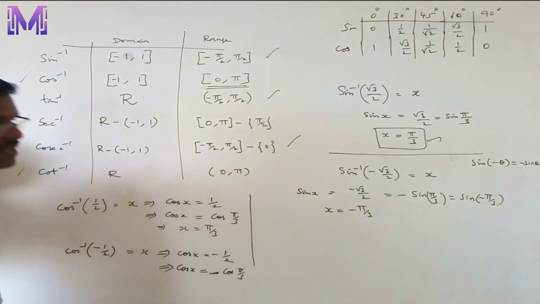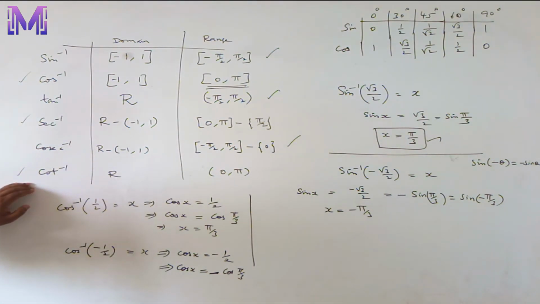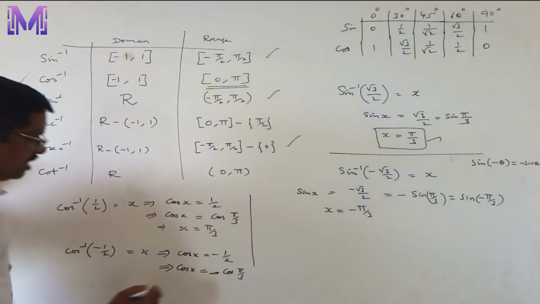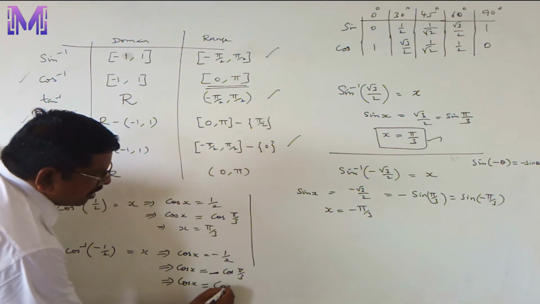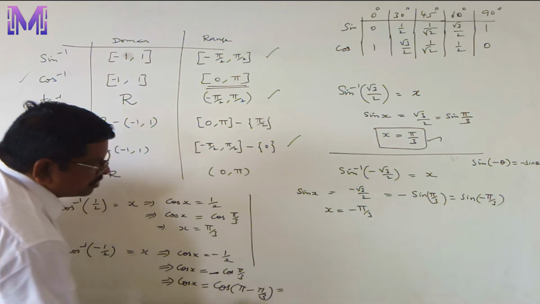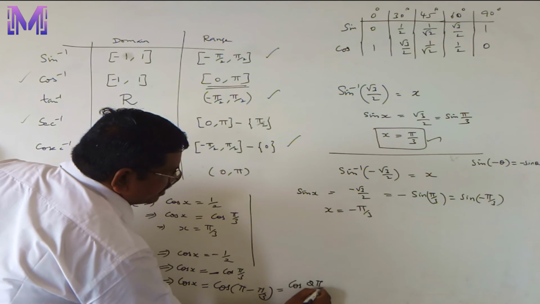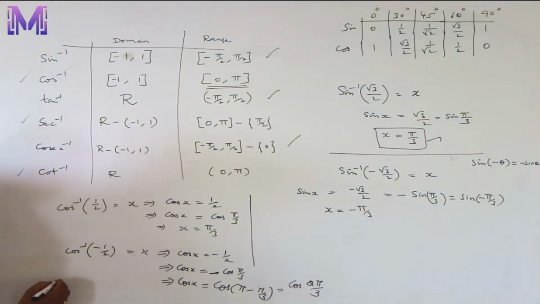If negative values are given in cos inverse, secant inverse or cot inverse, it is better to write that angle as pi minus the same angle. So we can write cos x equal to cos of pi minus pi by 3, which is cos of 2 pi by 3 when we take the LCM. So our answer is x equal to 2 pi by 3.